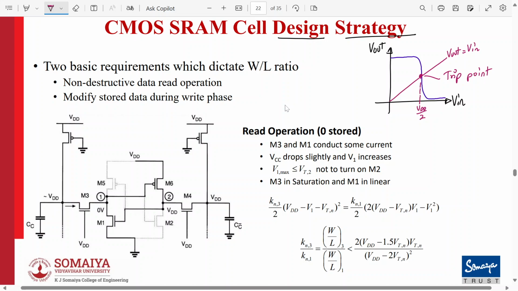If V in is to the left of the trip point, the output will be high, and if it is to the right, the output will be low. This point can be over here also, depending upon the slope. So this trip point can change. The two basic requirements which will dictate the W by L ratios of all the transistors here are as follows. We will study them one by one.